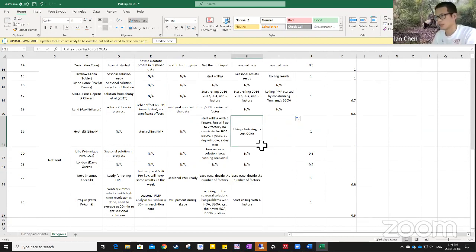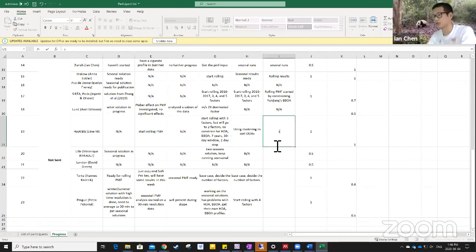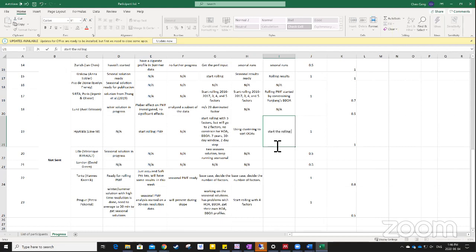So Lena, I think you start to run rolling using the protocol, right? Somewhat. I haven't started, but I know what I will do. I got my anthropogenic OA reference, which I will constrain, but otherwise following the protocol.